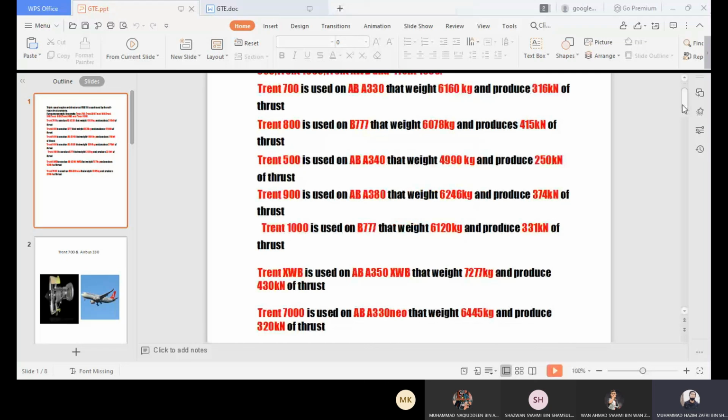Trent 7000 is used on the Airbus A330neo that weighs 6,445 kg and produces 360 knots of thrust.